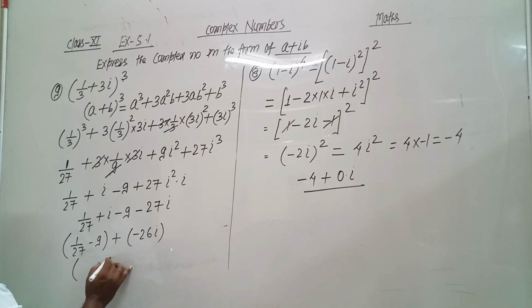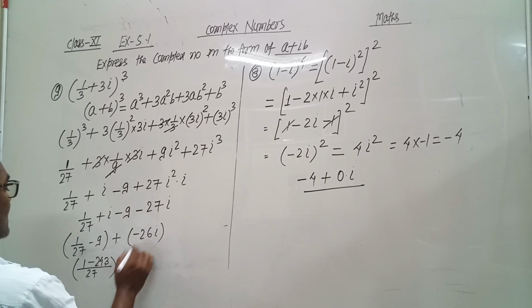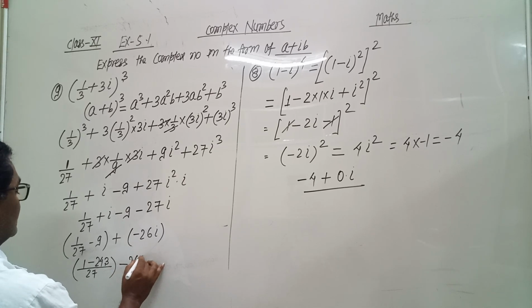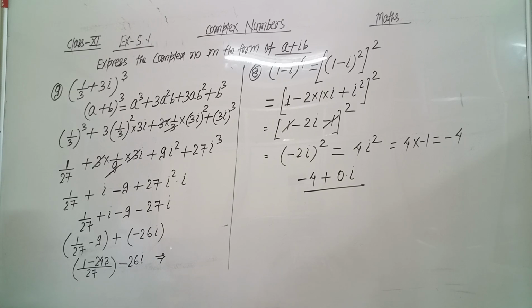By taking LCM 27, we get (1 minus 243)/27, which is minus 242/27, and minus 26i.